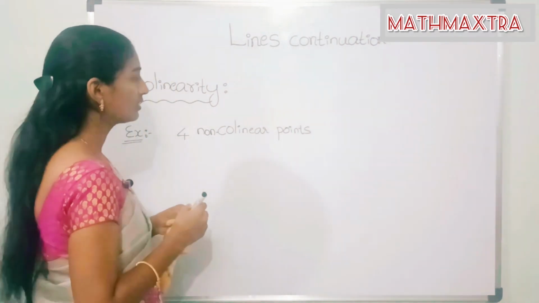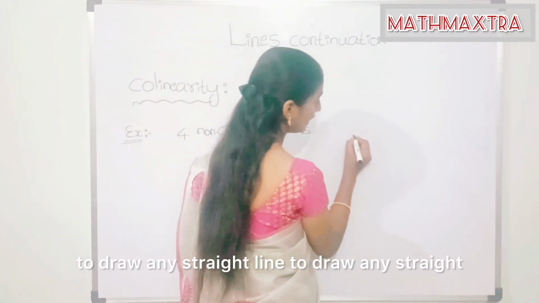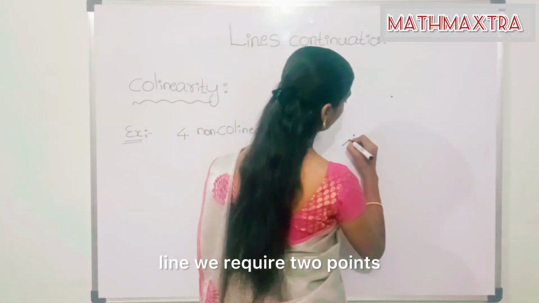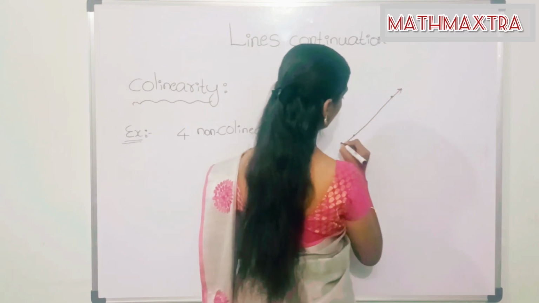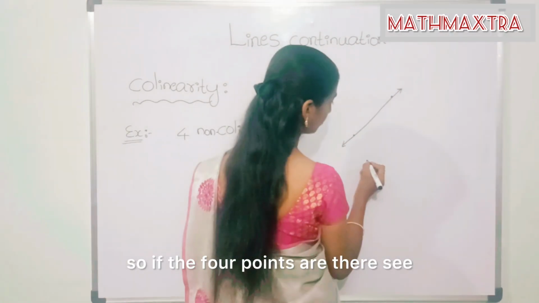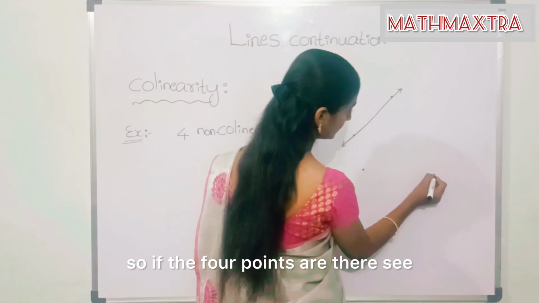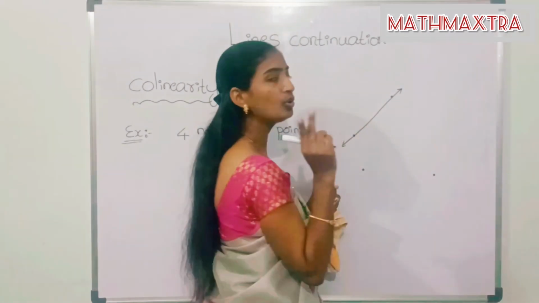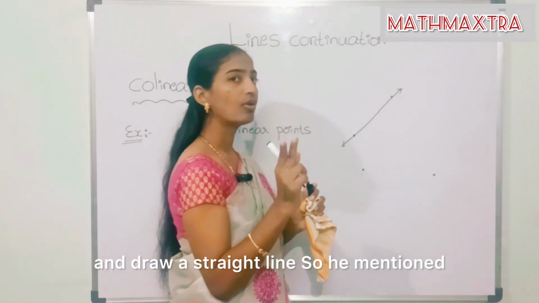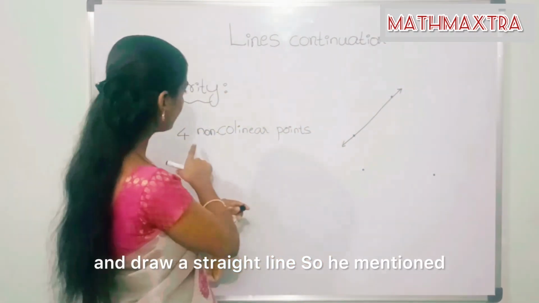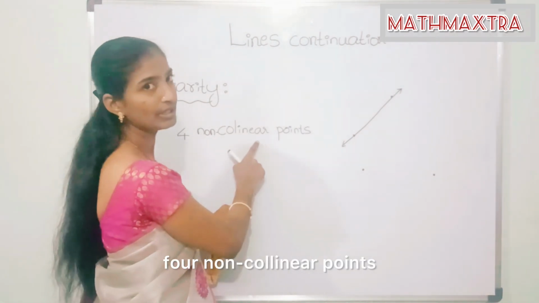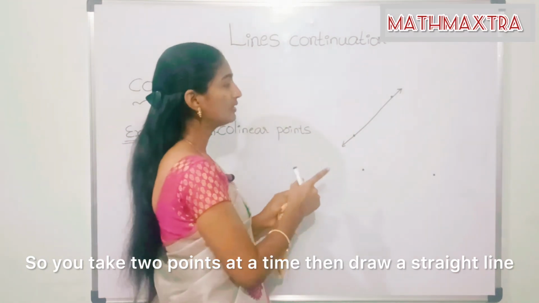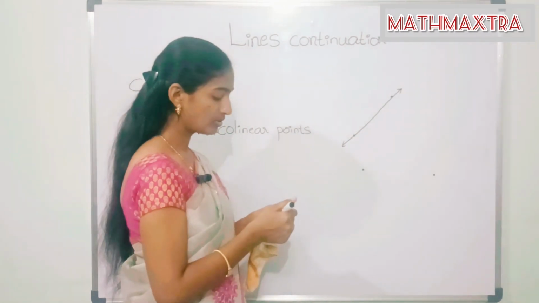That is the reason, to draw any straight line we require 2 points. So if there are 4 points, you must take 2 points at a time and draw a straight line. He mentioned 4 non-collinear points, so you take 2 points at a time, then draw a straight line.